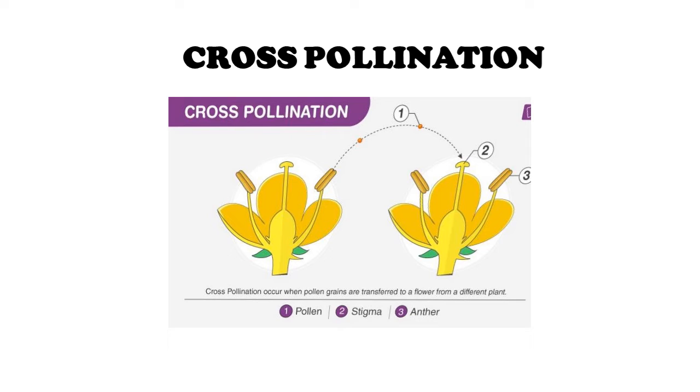Next one, self-pollination causes homogeneous conditions in progeny. Same as that, cross-pollination causes heterogeneous conditions in progeny. Next one, self-pollination increases genetic uniformity and decreases genetic variation.